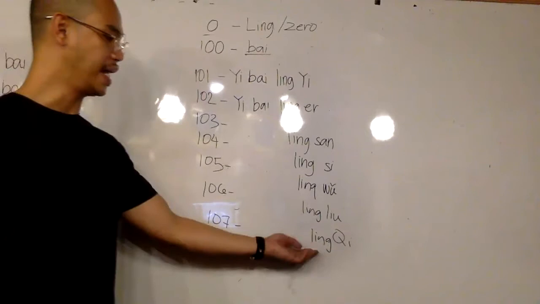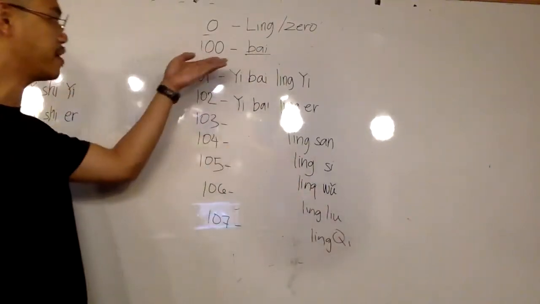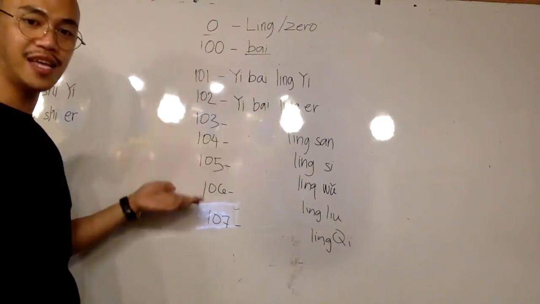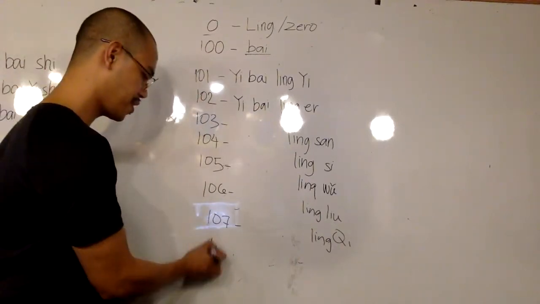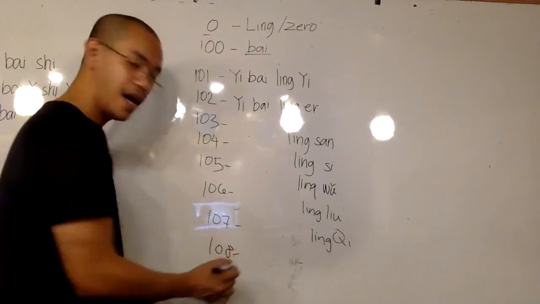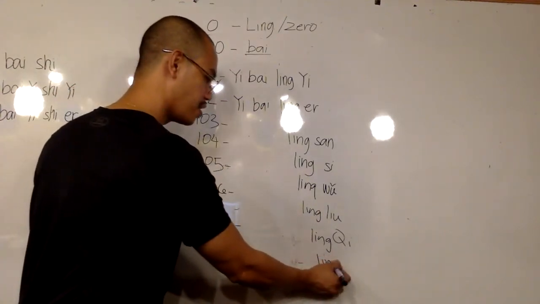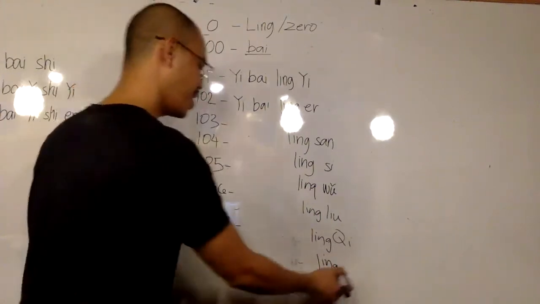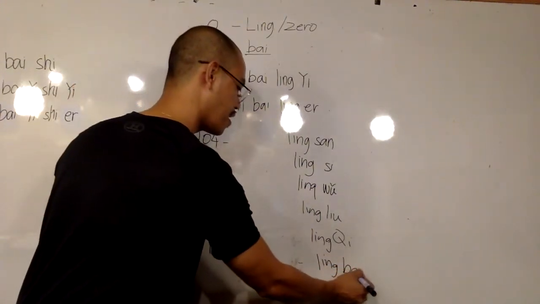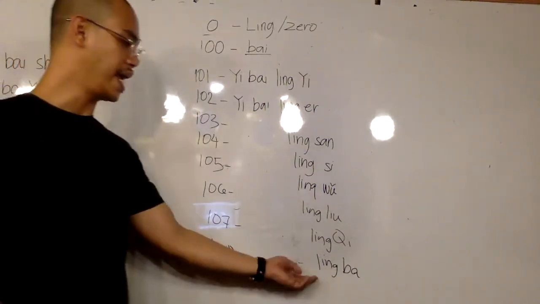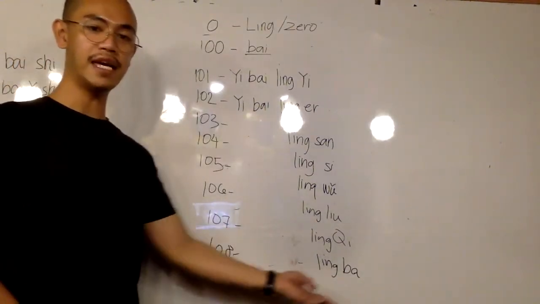Yi bai ling qi. Remember the rule that we have to read the 0 if you're counting in hundreds. 108. What is 8 in Mandarin? Ba. Yi bai ling ba.